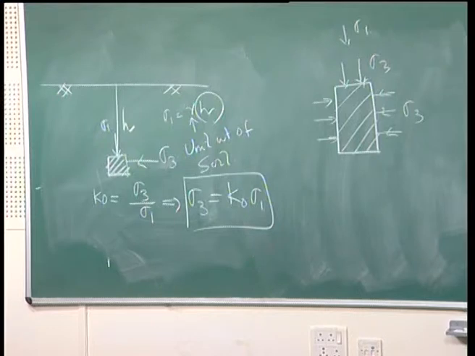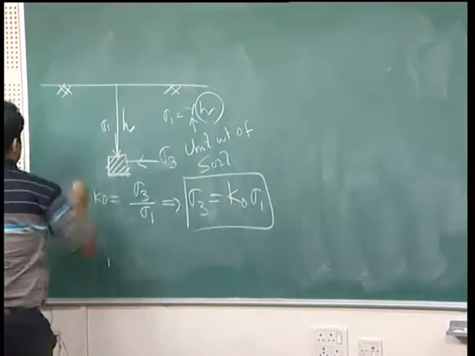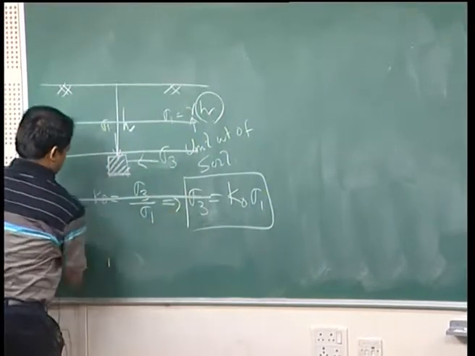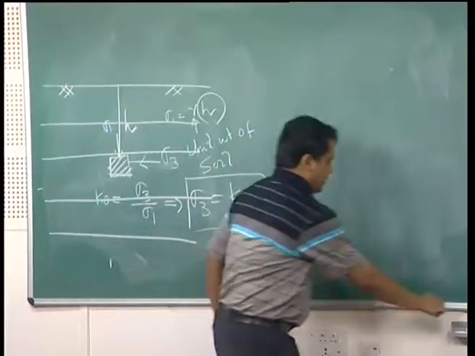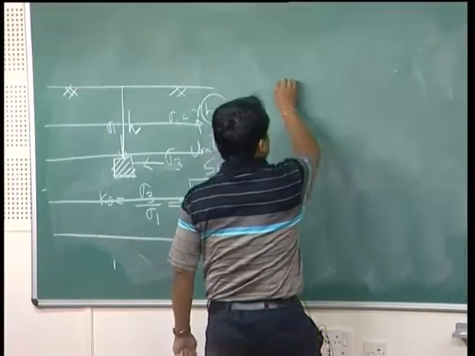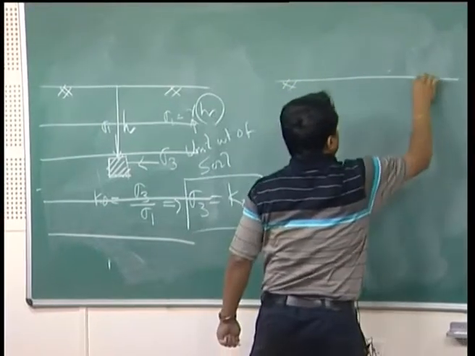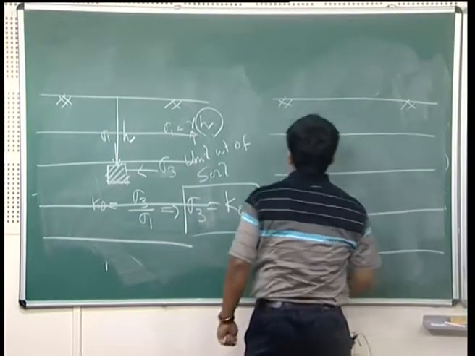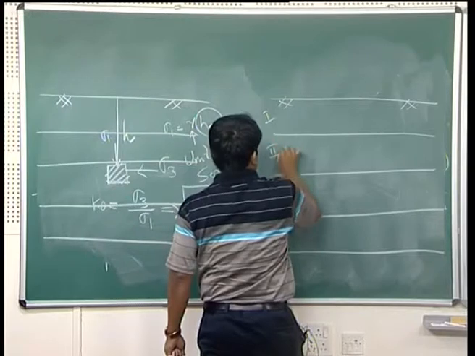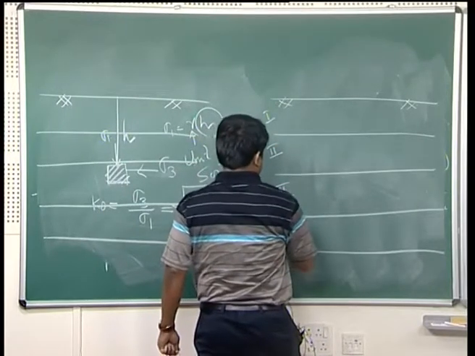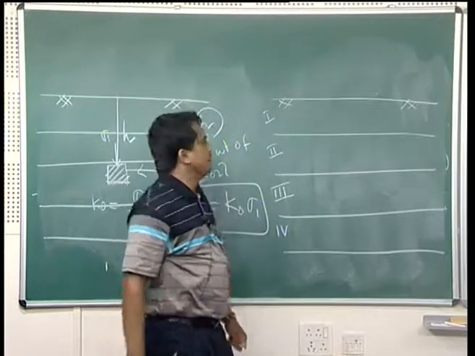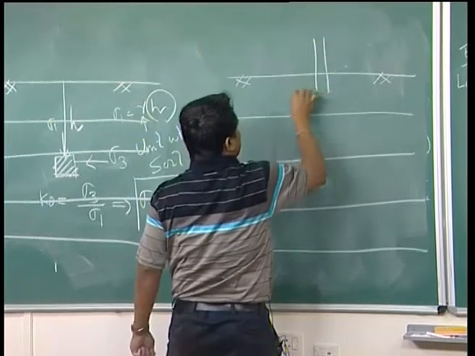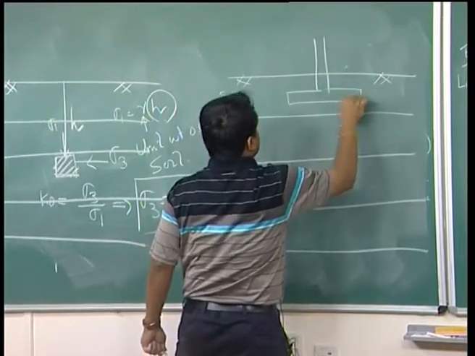Now let us say this is my ground profile, ground surface. Let us say this is layer 1, layer 2, layer 3, layer 4. Now a footing has to be constructed or rested in the soil profile, and I do not know where this footing is to be placed.